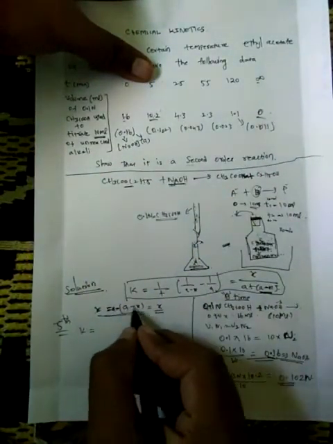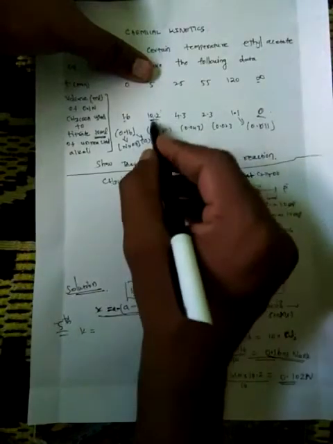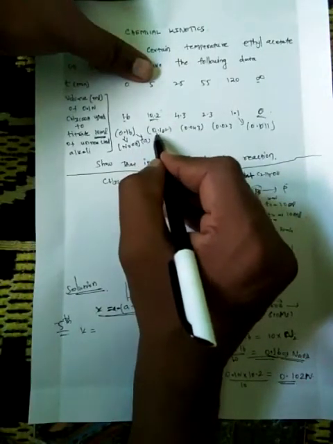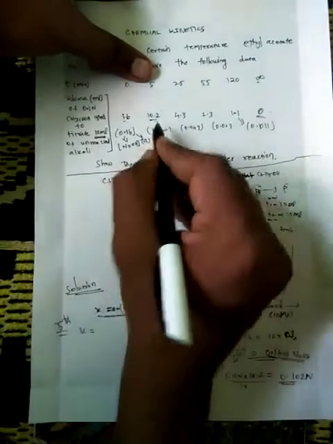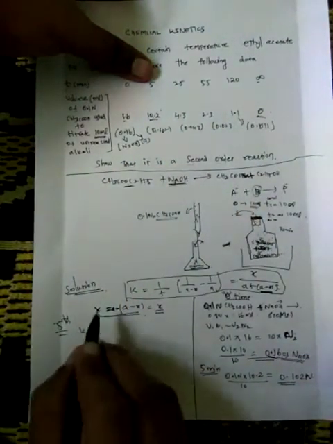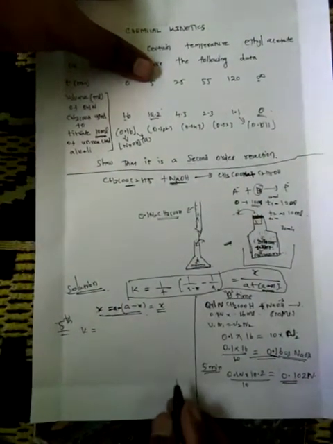A minus x is actually the concentration of NaOH at various times. So if I subtract, I will get the x value.